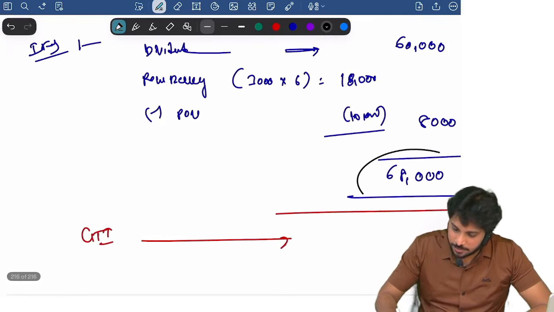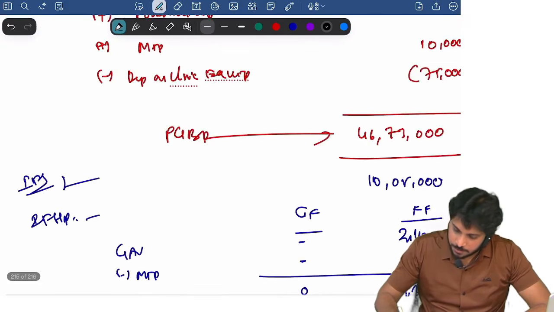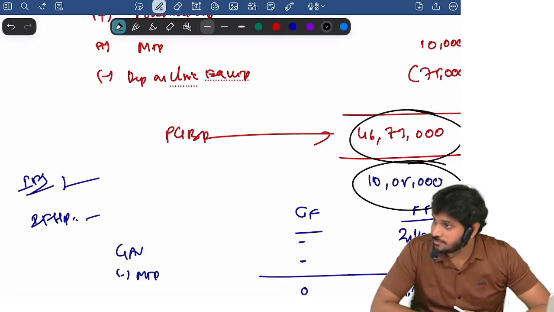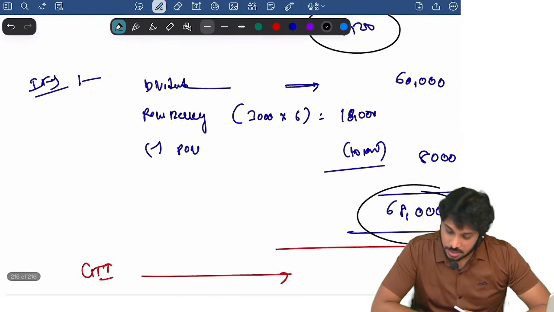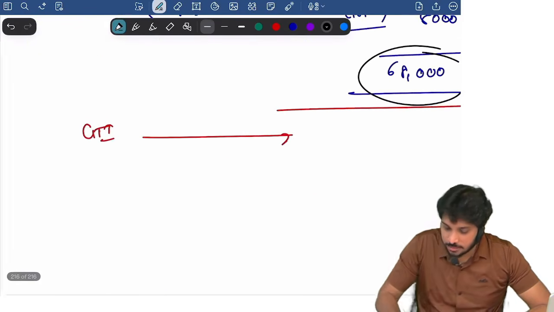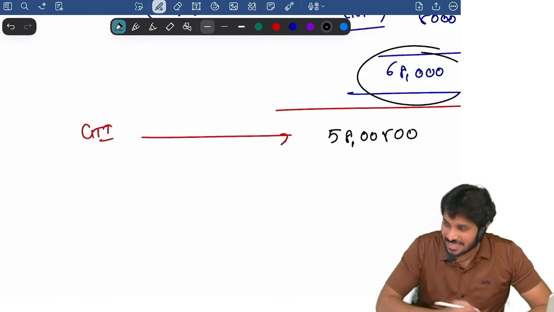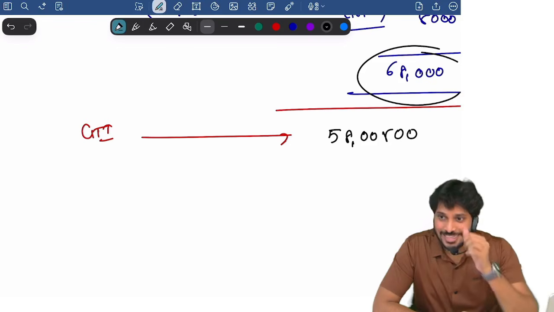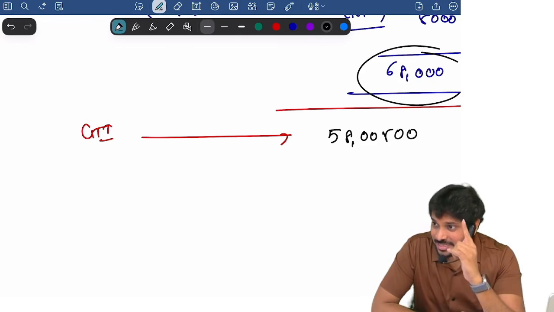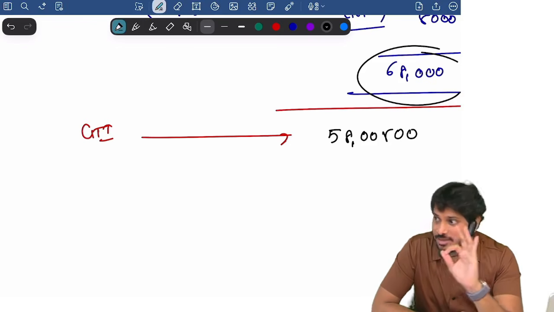Do you all agree? This one, this one, this one, and this one. Okay. So what is the income? Gross total income 58 lakh 500 rupees. That's it. And now there is no JJAA, 80CCD, 80CCH. Nothing is there.